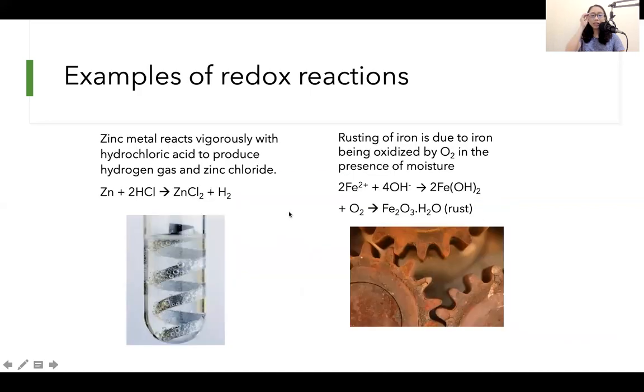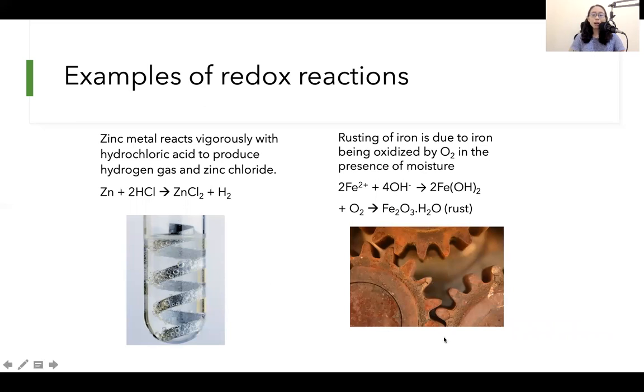And finally, here are more examples of redox reactions. Rusting is also due to a redox reaction. It's the iron in your metal that undergoes oxidation. The oxidation takes place in the presence of water and again oxygen.